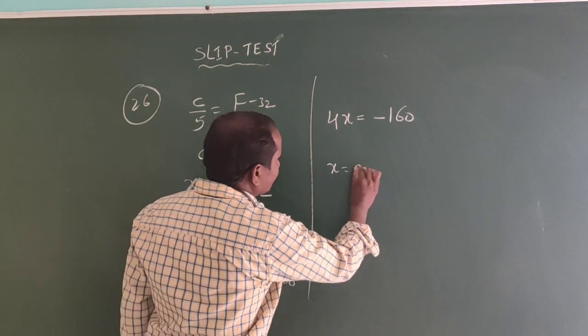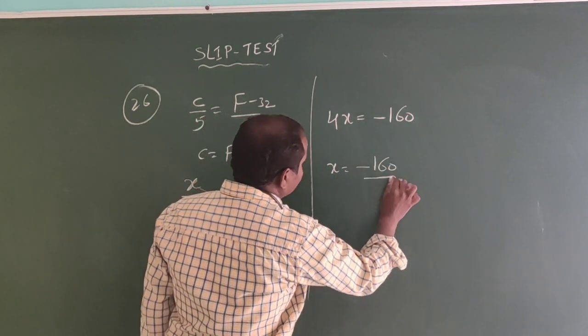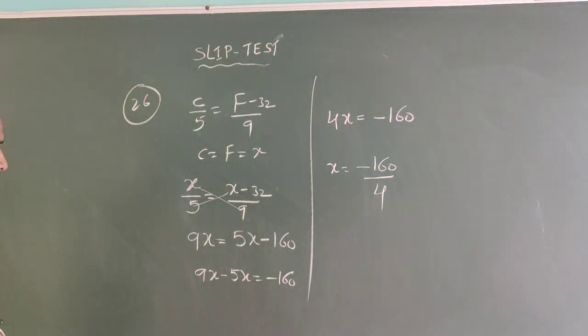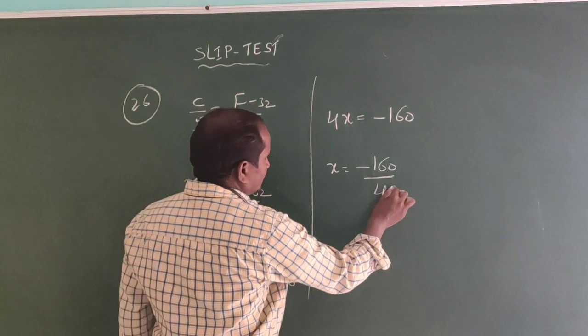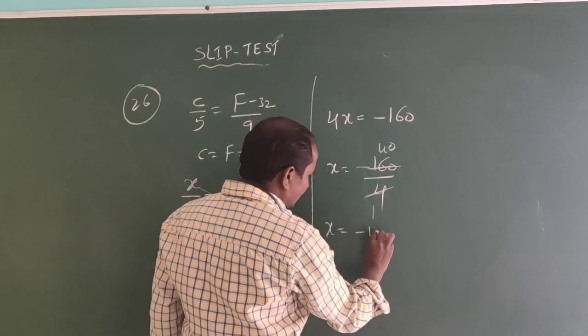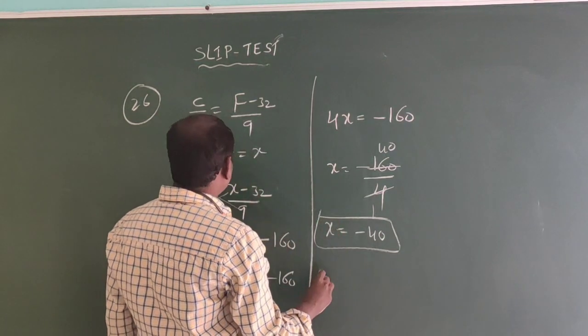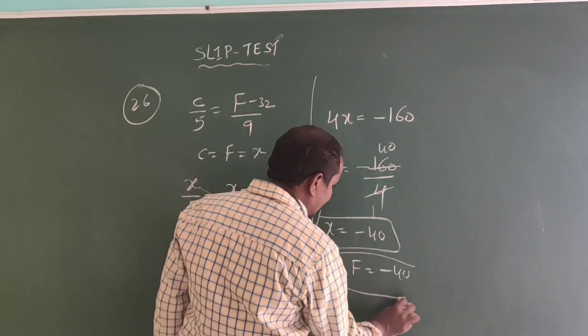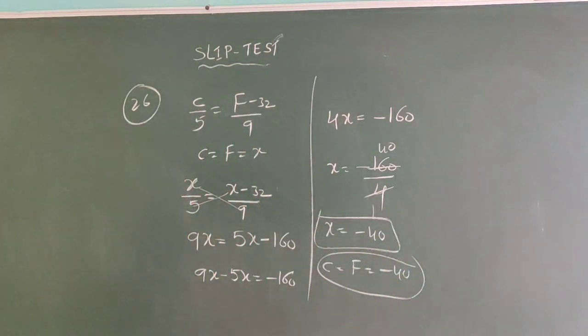Therefore x equals minus 160 by 4, which is minus 40. Therefore C equals F equals minus 40. Minus 40 Celsius and Fahrenheit are both equal.